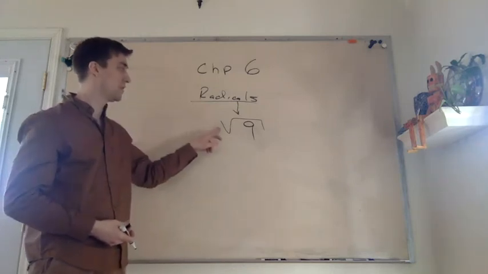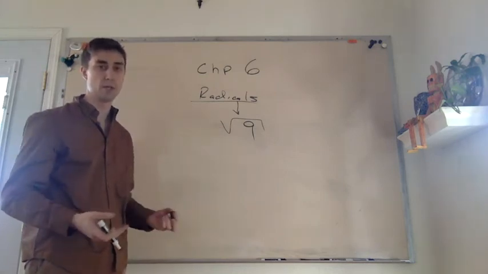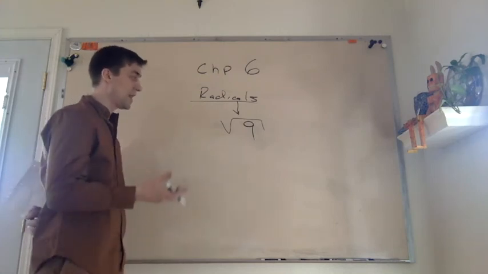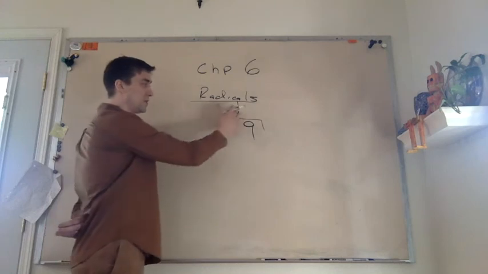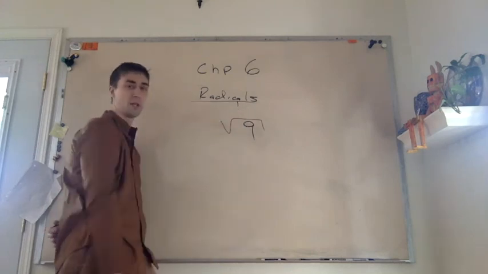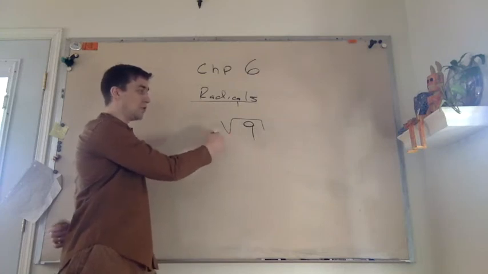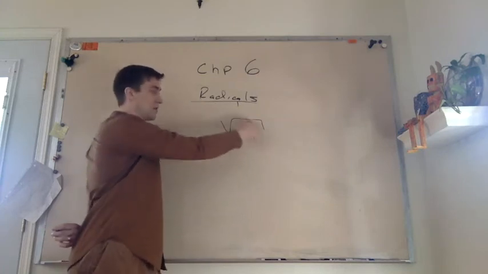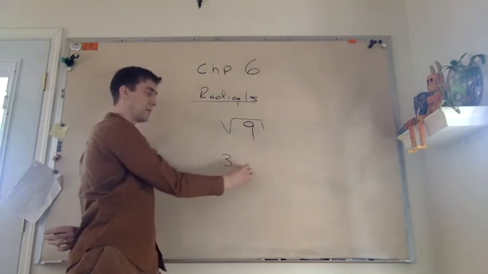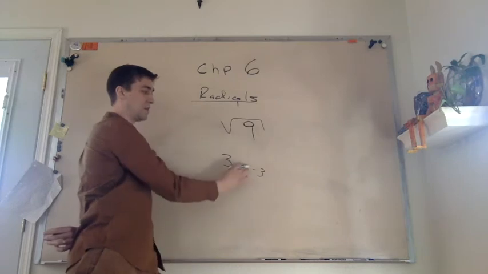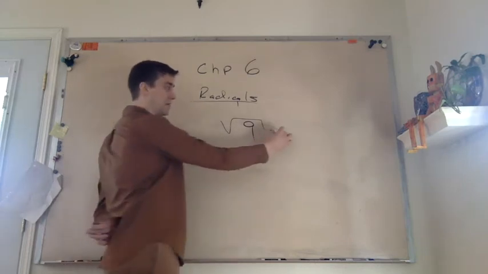This symbol has come to be known as the principal square root, which means it's the positive version of what you would square to get 9. It's really a question: what would you raise to the second power to get what you're seeing in the middle? It's 3 or negative 3, but this symbol has come to mean only the positive version. So the answer is 3. This is the number 3.